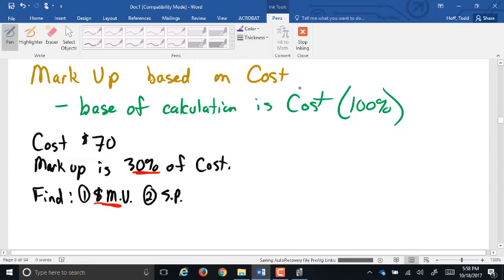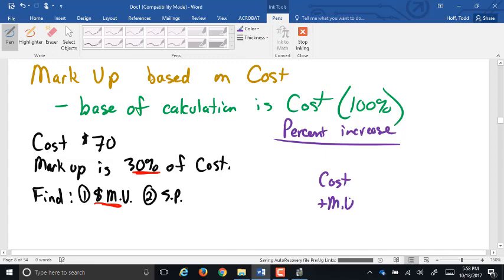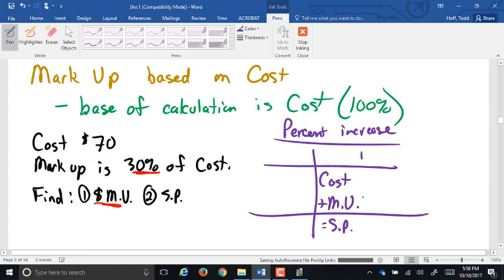Well, this is a percent problem, and it's a percent increase problem. So there's really nothing new here over what we saw in week 3 when we did percents. We can use our little table. We have cost plus markup equals selling price. Percents on one side and dollars on the other.